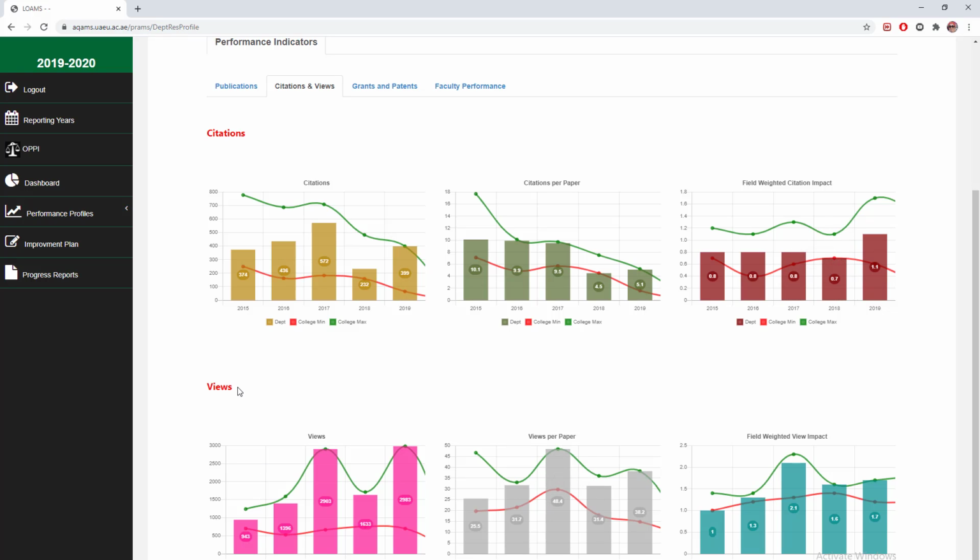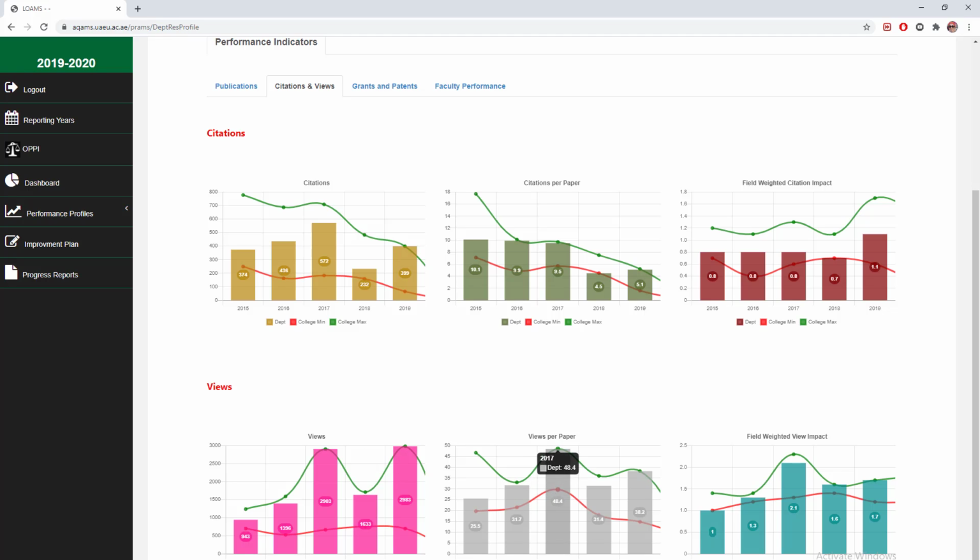Similar to citations, here we display the views, so how many views the department received. You can see here in 2019, the publications published by the department attracted 2,983 views, and out of them they received 399 citations.